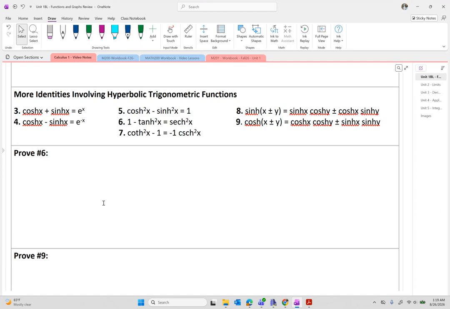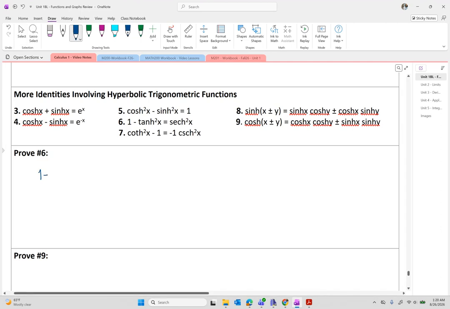Let's prove number 6. We want to prove that 1 minus the hyperbolic tangent squared of x equals the hyperbolic secant squared of x. So 1 minus the hyperbolic tangent squared, where the hyperbolic tangent is the hyperbolic sine over the hyperbolic cosine.